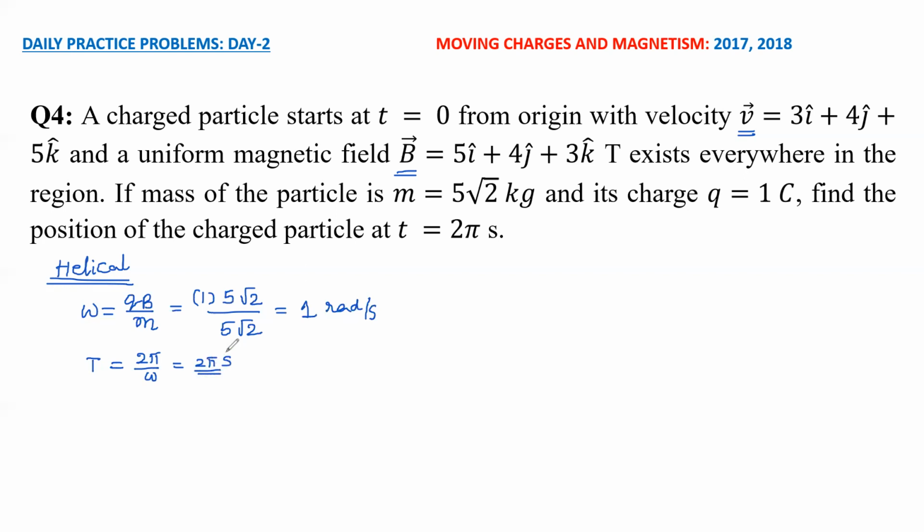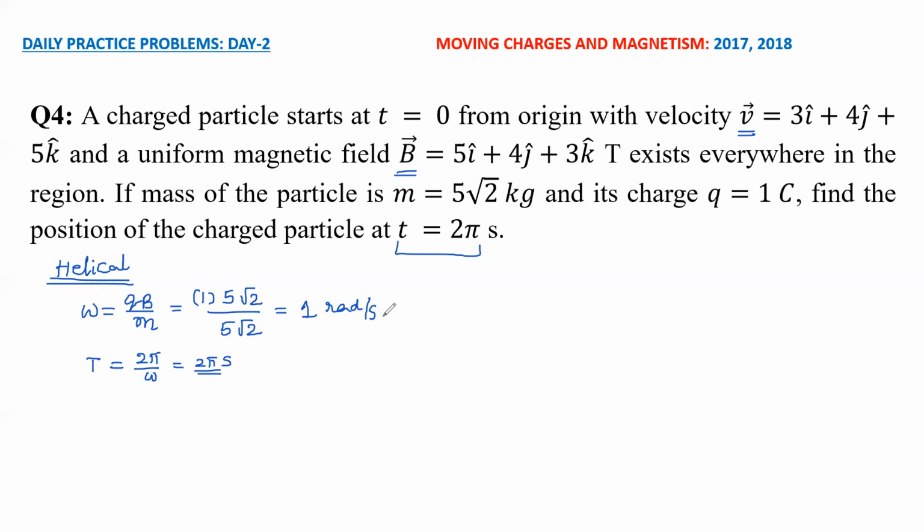And therefore, the given time interval of 2 pi seconds corresponds to one full rotation in the helical path. And we know that in such case, the charged particle will move parallel to the magnetic field, because in one rotation, the displacement of the charged particle in a helical path is parallel to the helical axis.